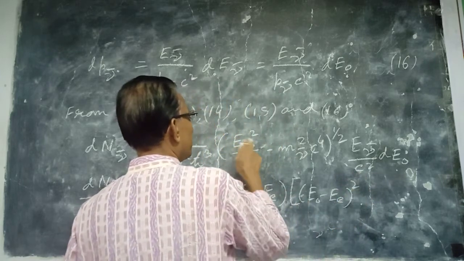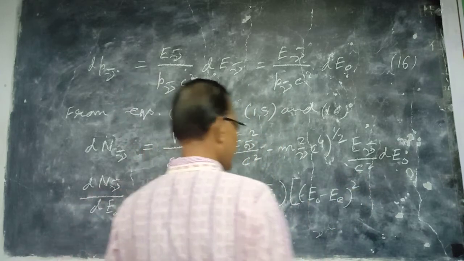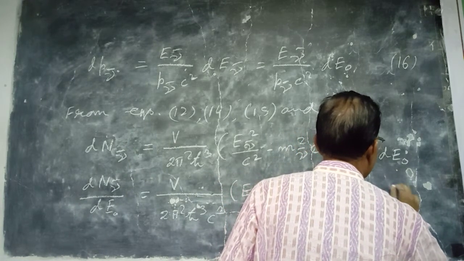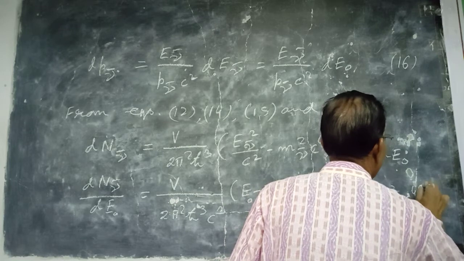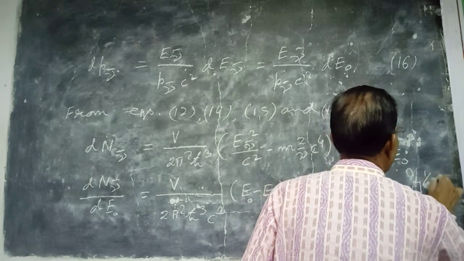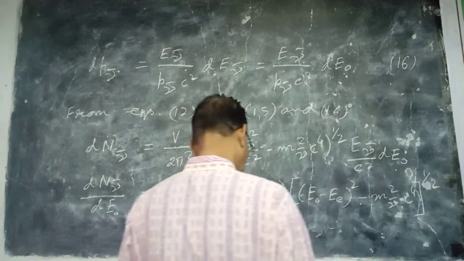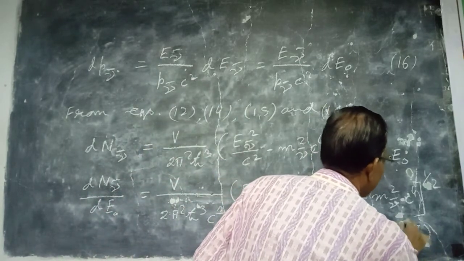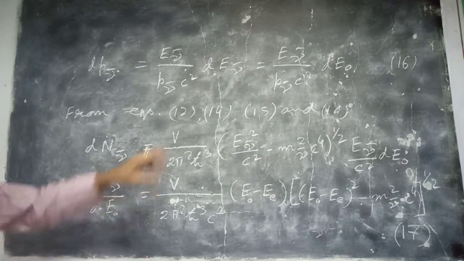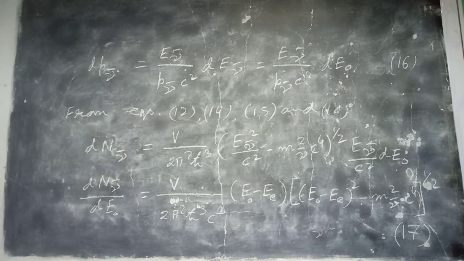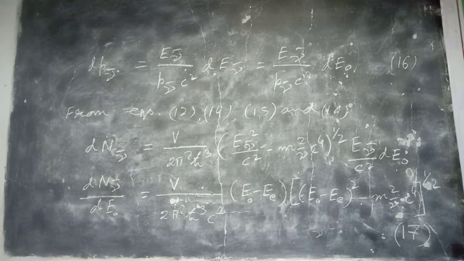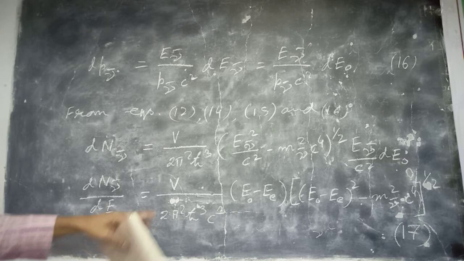In place of this E nu bar we have written it in terms of this minus m nu bar square c to the power 4 to the power half. Equation number 17. If you substitute all these values from equations 12, 14 and all these things, then you get this equation. And in this equation, this E nu bar is replaced by E0 minus E.